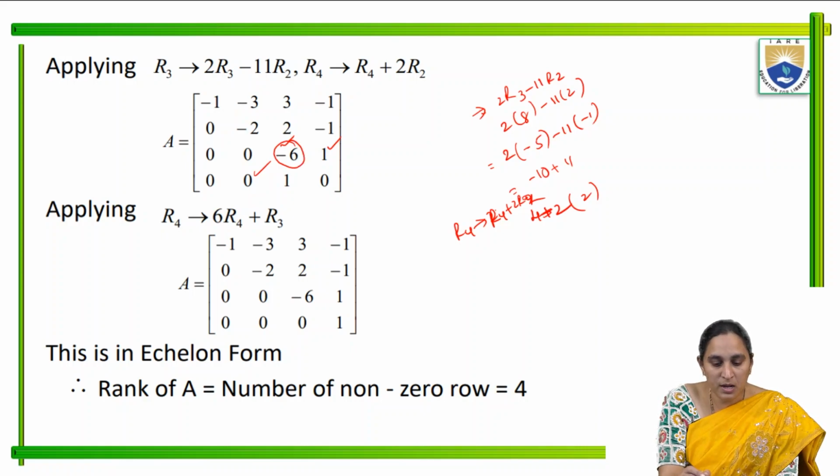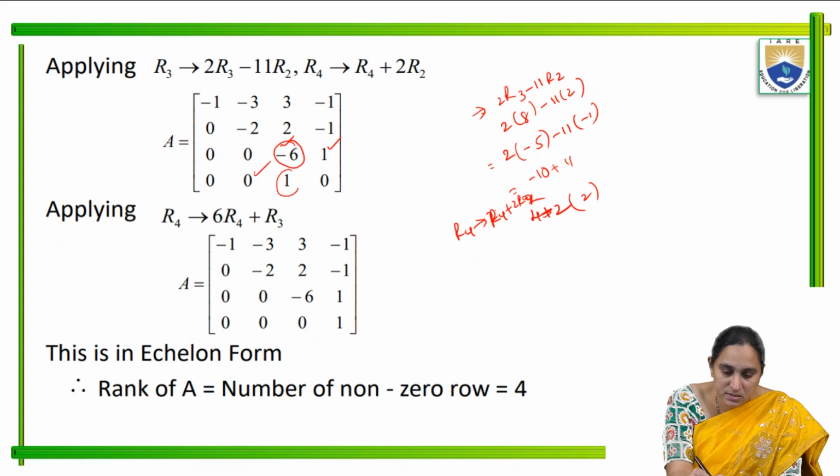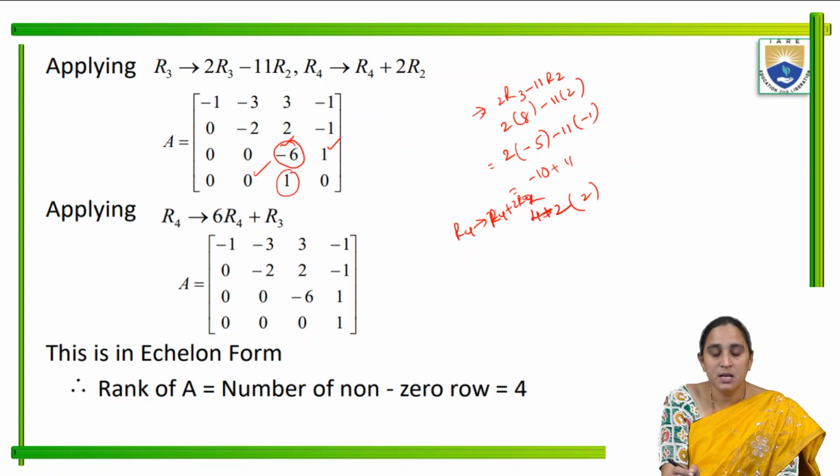Next, with respect to this minus 6, the diagonal element, I'll make the 1 as 0. For that, the row operation is 6 into R4 plus R3. 6 into R4 is 1 into 6, 6 minus 6 is equal to 0.